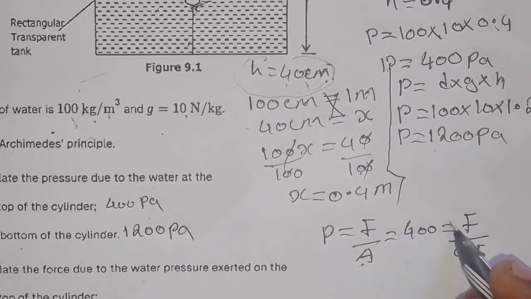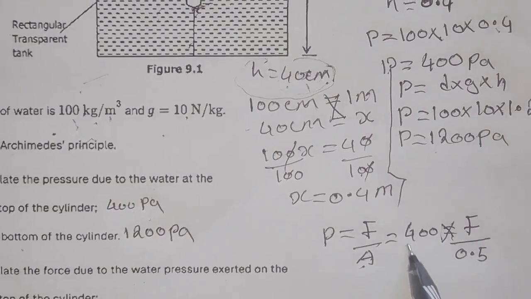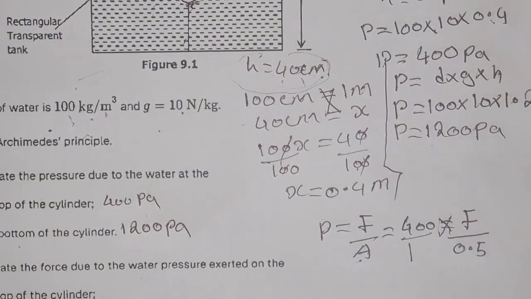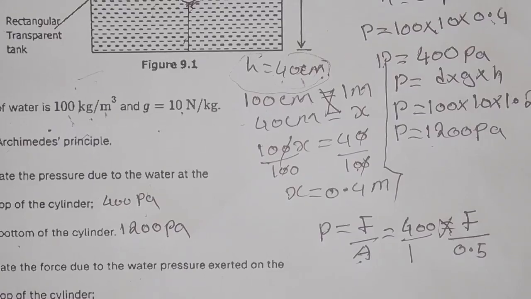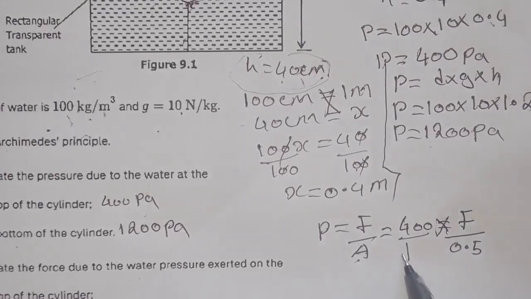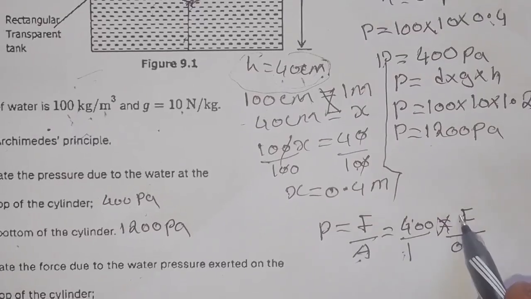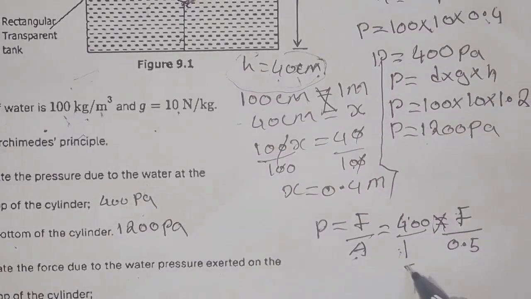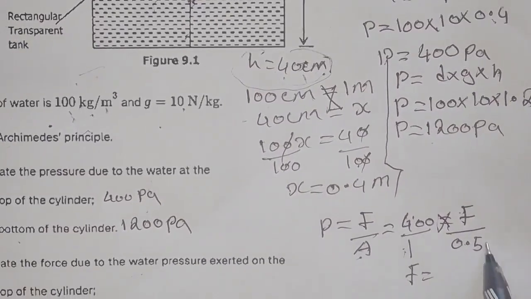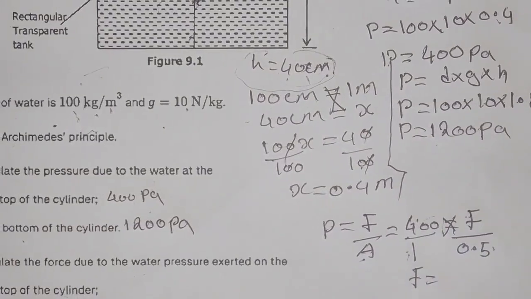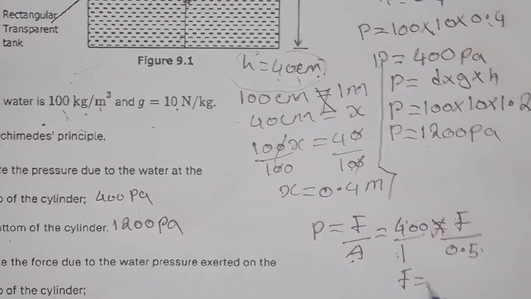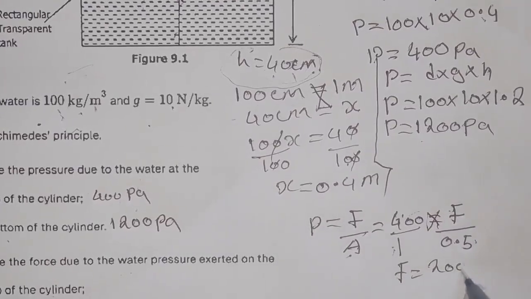Then we just cross multiply. So this can also be written as 400 over 1 as a fraction. By cross multiplication I mean we multiply this with this and this with this. So 1 multiplied by F will remain with the force, which is equal to 0.5 multiplied by 400. 0.5 multiplied by 400 will give you 200.